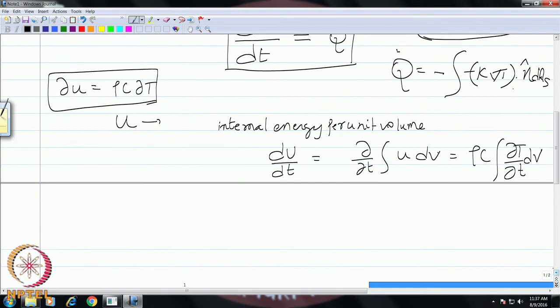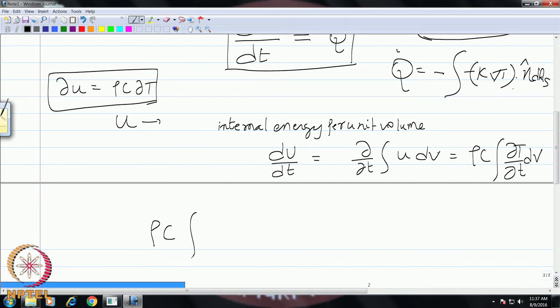So, now if I put them together, I have therefore rho C integral dT by dt into dV is equal to integral k del T dot dS. So, I will just write this as dAs here.